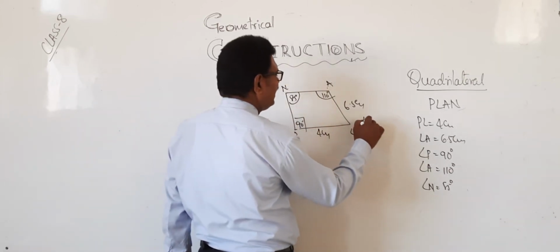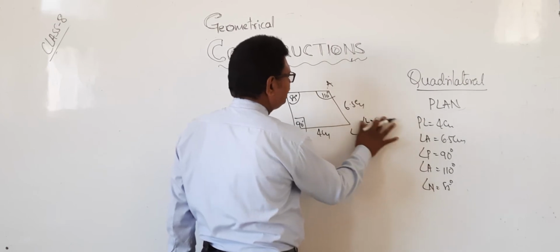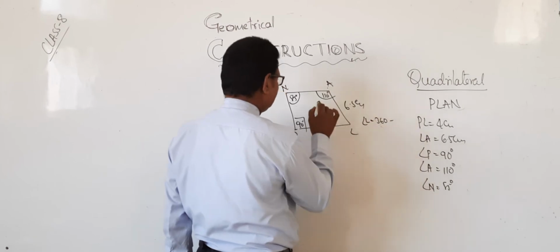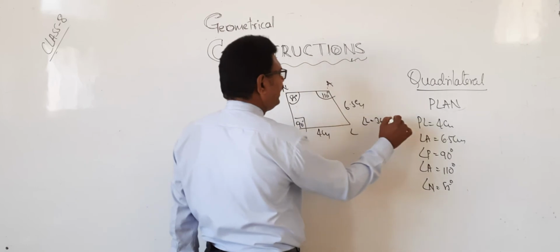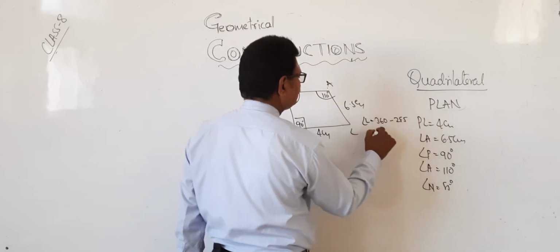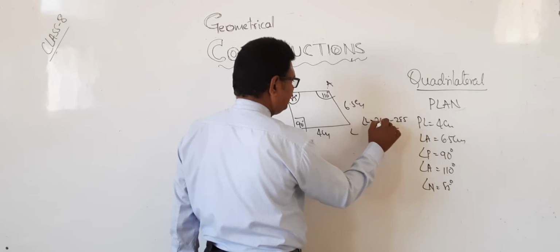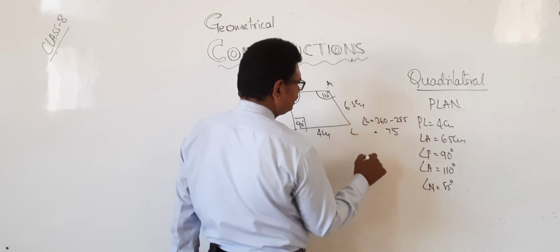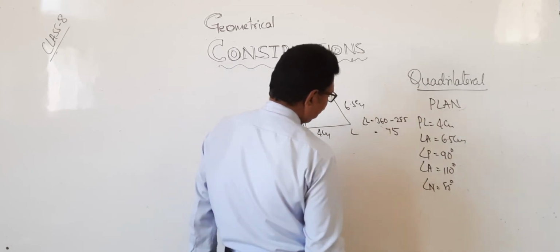Therefore, angle L is 360 minus 110 plus 90 plus 85, which gives 75.